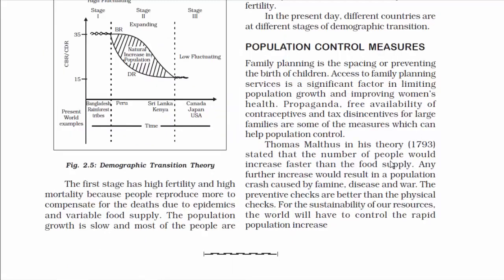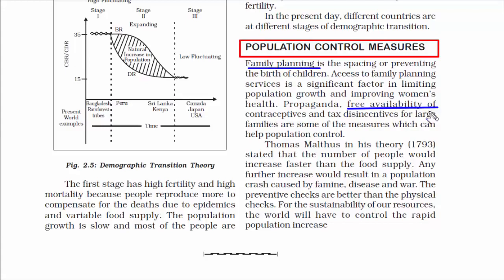And the last topic of this chapter is population control measure. Some of the measures that are in use to help population control are family planning services, then availability of contraceptives, and government often use tax disincentives, meaning they impose extra taxes or fees to control and prevent undesirable actions, behaviors or decisions. I'll give you an example.